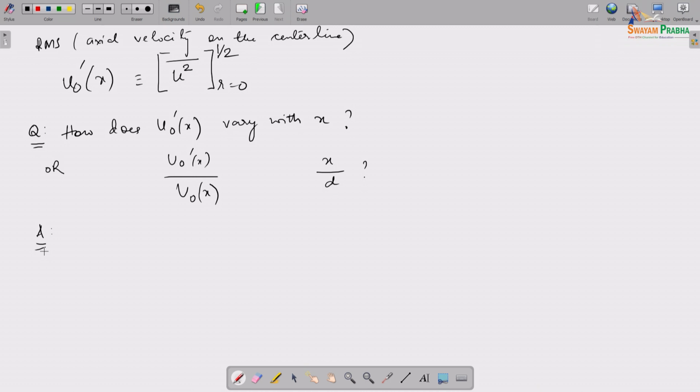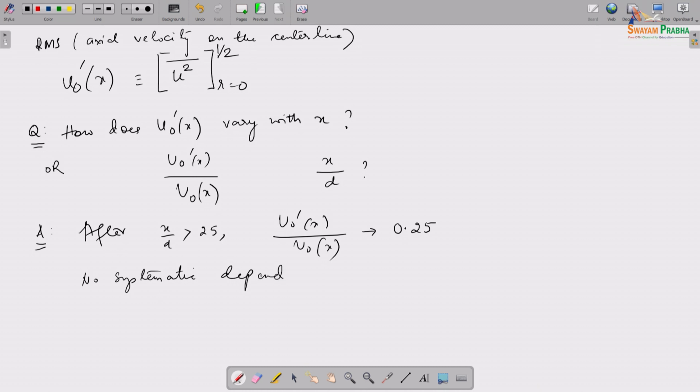Well, after the developmental length, which is x by d over 25, this u naught dash value tends to about 0.25, and there is no systematic dependence on RE. Okay.